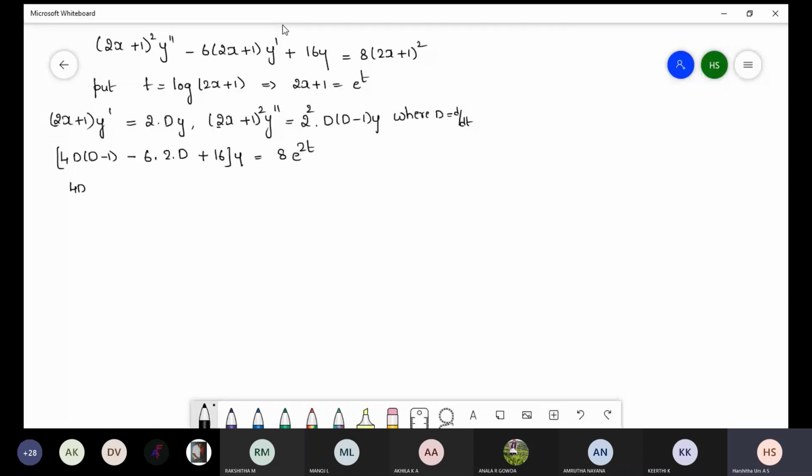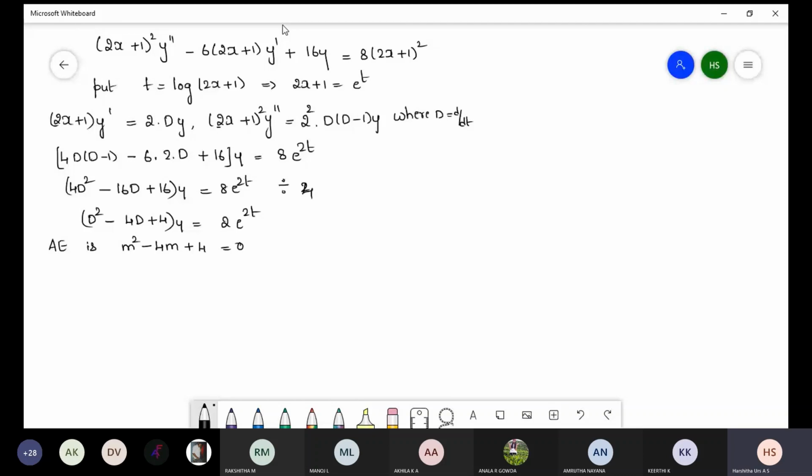So 4D square minus 4D minus 12D is minus 16D plus 16 whole into y is equal to 8 into e power 2t. Divide by 4 on both sides. So (D square minus 4D plus 4) into y is equal to 2 into e power 2t.